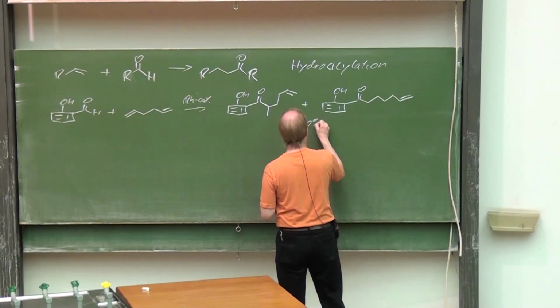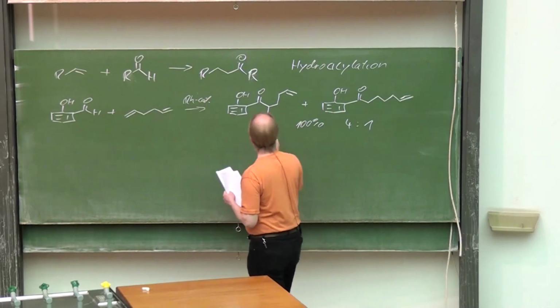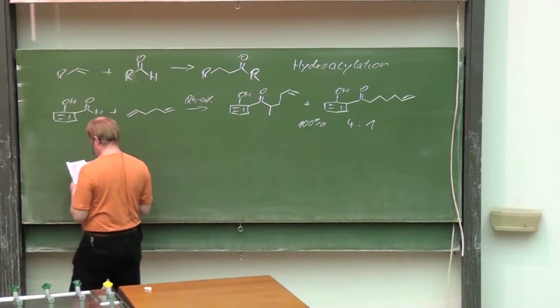Quantitative yield, ratio 4:1 in favor of the branched product.